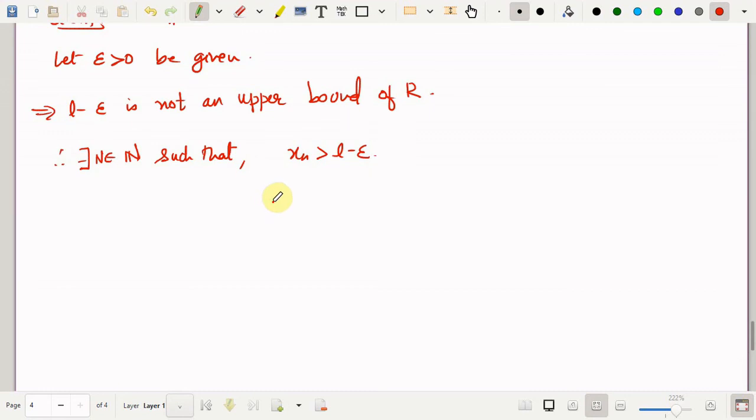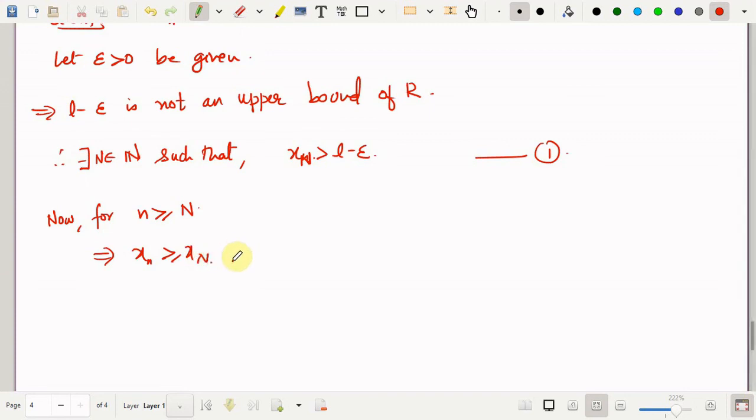Okay, now you can observe one thing. So let me call this capital N. I'm sorry for that, this should be capital N. Okay, so now you observe one thing. Whenever small n is greater than or equal to this capital N, what will happen? xn will be greater than or equal to capital xN. The reason is simple.